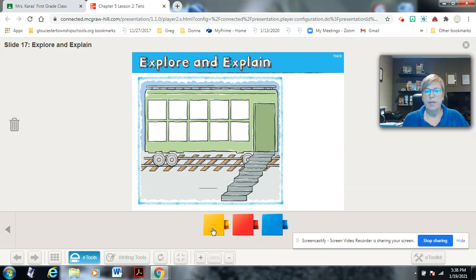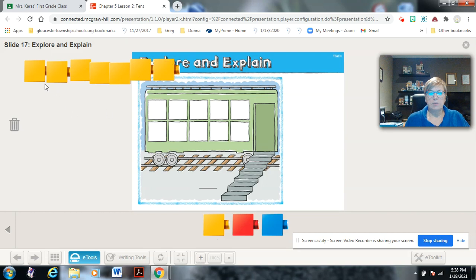And they would like you to take one cube into each window and attach it, okay? So that you would make, once you fill it up and make your 10, okay, and link them together. 1, 2, 3, 4, 5, 6, 7, 8, 9, 10.